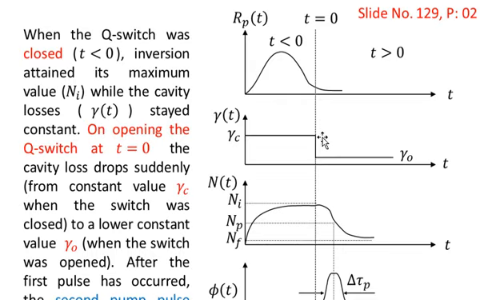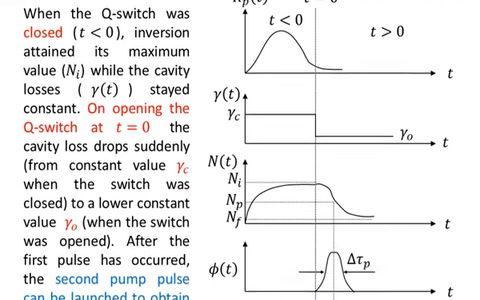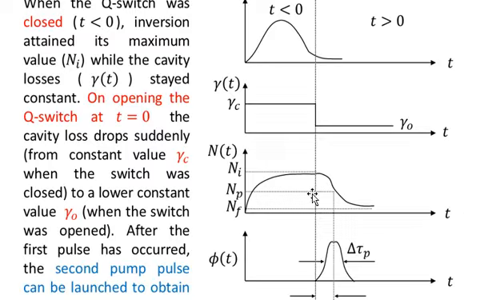This dotted line indicates the time at which the Q switch was set to the open state. So when it is in the open state, what happens? The fall of the population inversion is not associated with switching the time. The population inversion has to decay automatically.